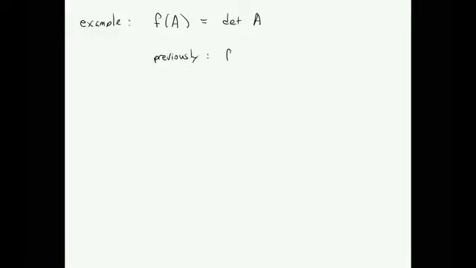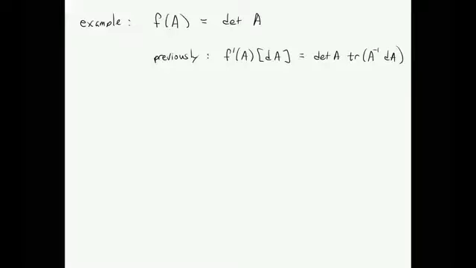If you take f primed of A, that's the linear operator acting on dA. What it gives you is determinant A times the trace of A inverse dA.